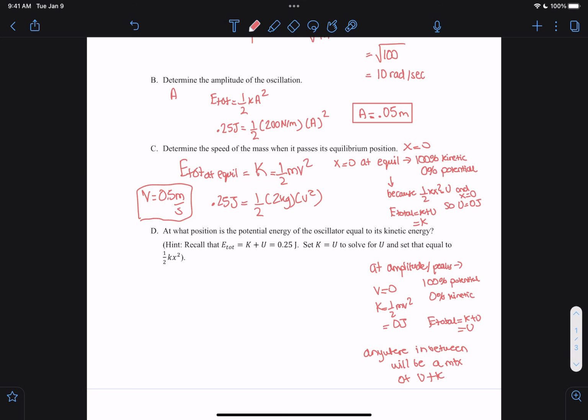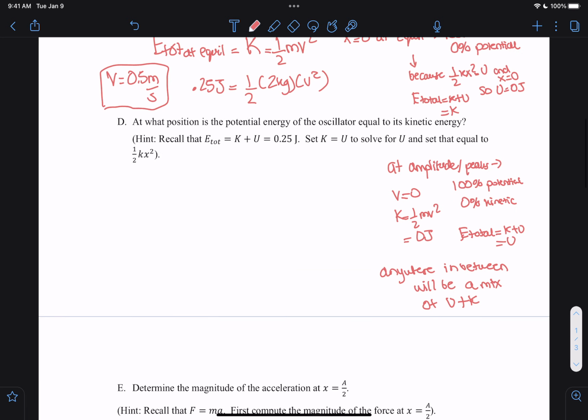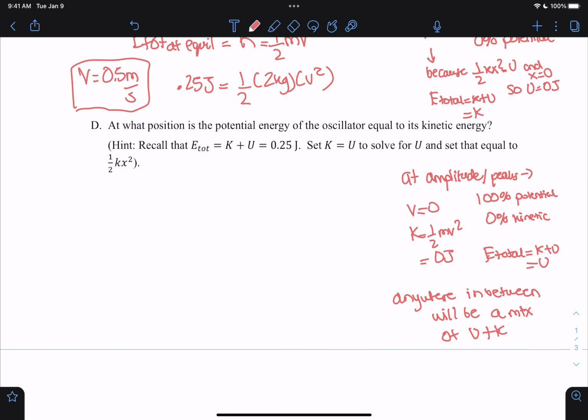All right. Now part D is asking at what position is the potential energy of the oscillator equal to its kinetic energy? So what position is the potential equal to kinetic? So think about it, right? If I said that E total is equal to 0.25 joules, there must always be 0.25 joules.